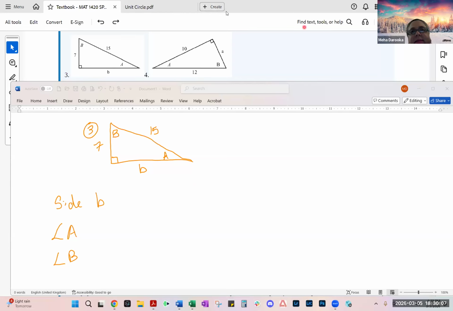All right, Zadok, I see your answer. Logan, I see yours. You've got the B value, angle B, angle A. Zadok, I see what you did here.